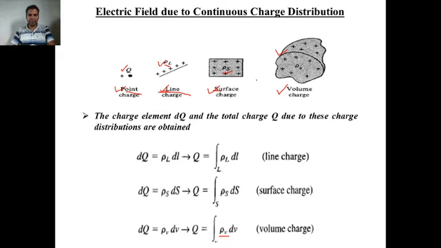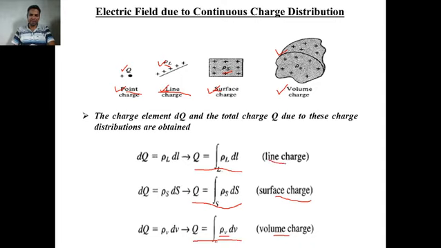So, based on these fundamentals we discussed that we can get q is equal to integration of rho L dl. We have also discussed q is equal to integration of rho S ds in case of surface charge. In case of volume charge we can use q is equal to integration of rho V dV.